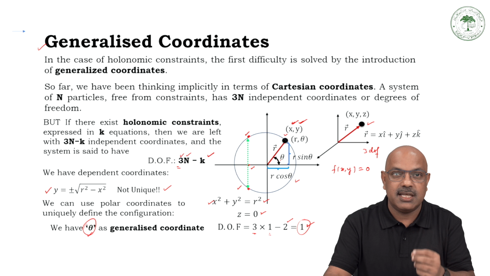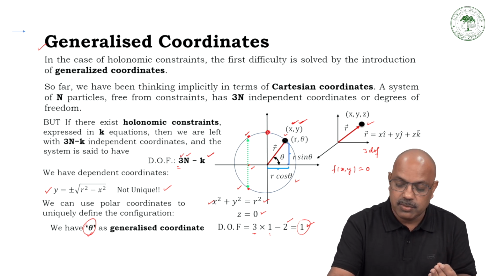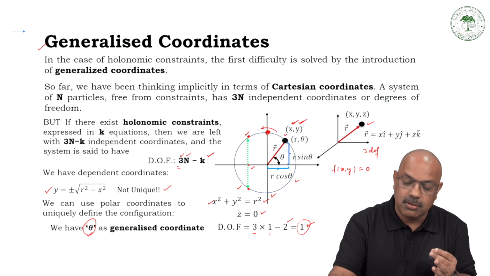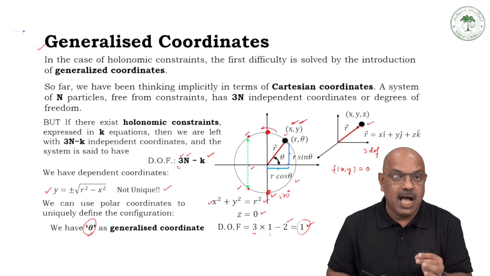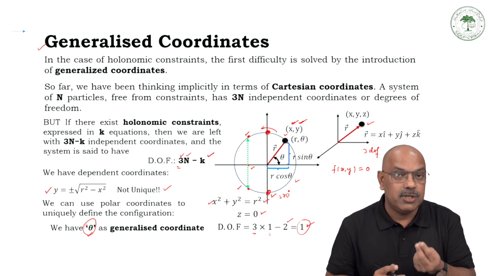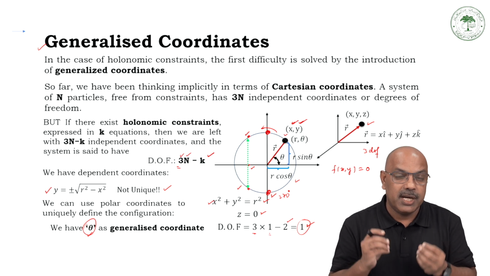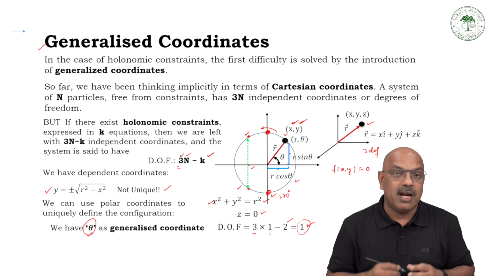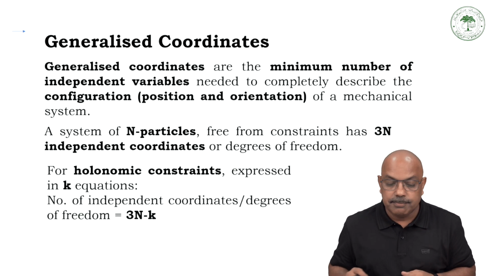The moment I say theta is 45 degrees or 90 degrees, the particle is going to be here. At 90 degrees it is not at this other position, because angle is always measured from this direction in the anti-clockwise direction; that position is at 270 degrees. So theta is the generalized coordinate, which is independent, unique, and uniquely specifies the system we are dealing with under certain constraints.